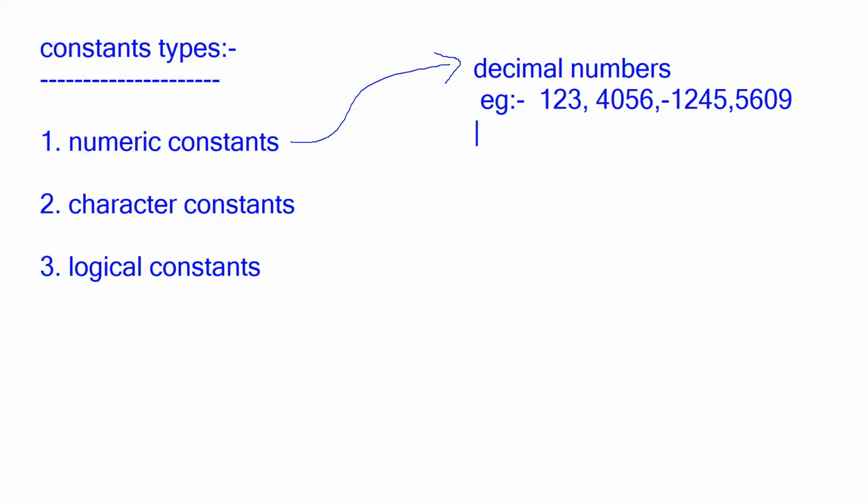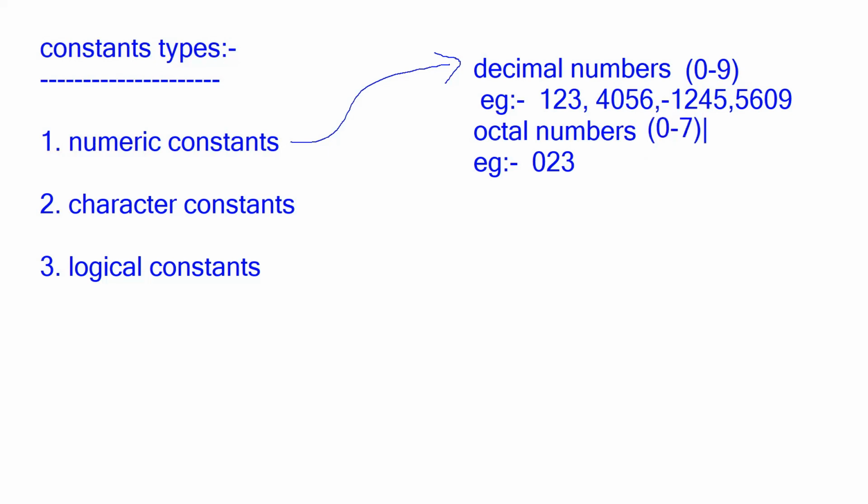And there are also numbers like octal numbers. The decimal numbers' base value is between 0 to 9, and for octal numbers, the base values range between 0 to 7.